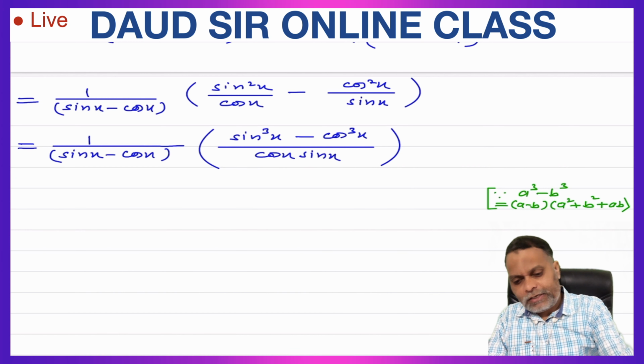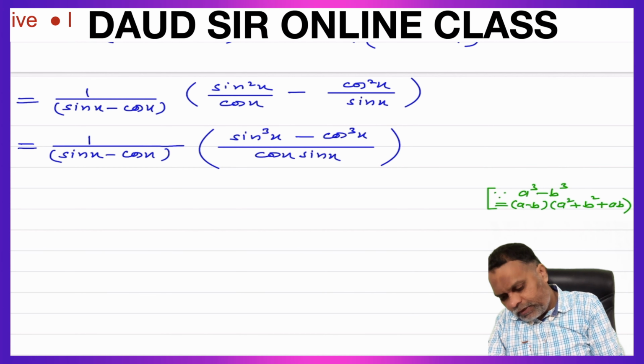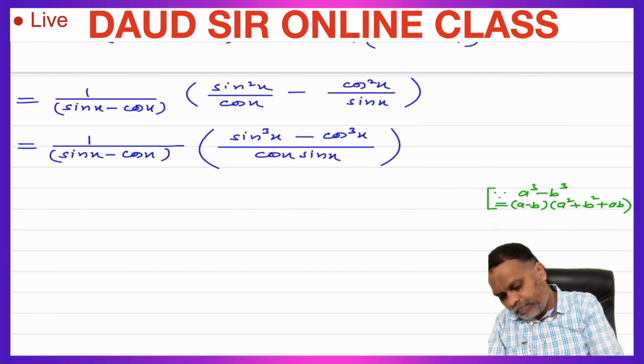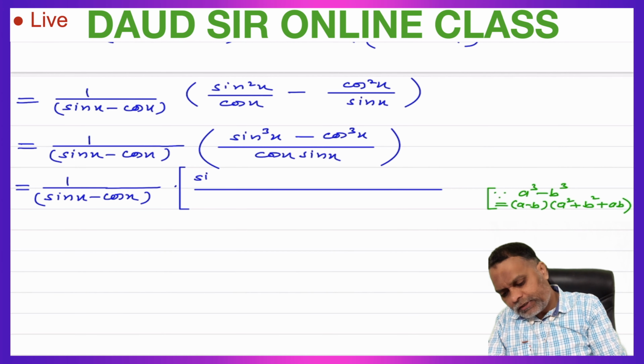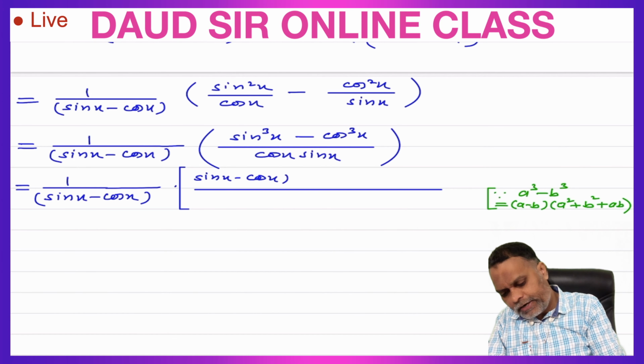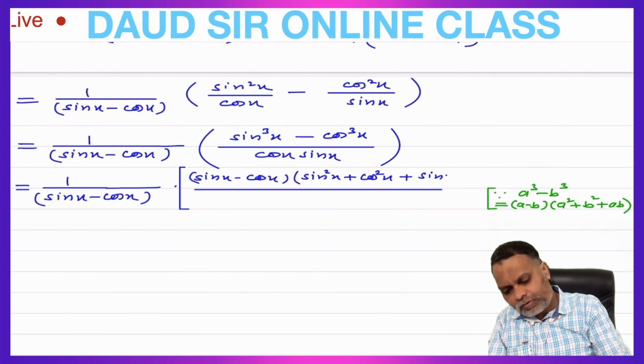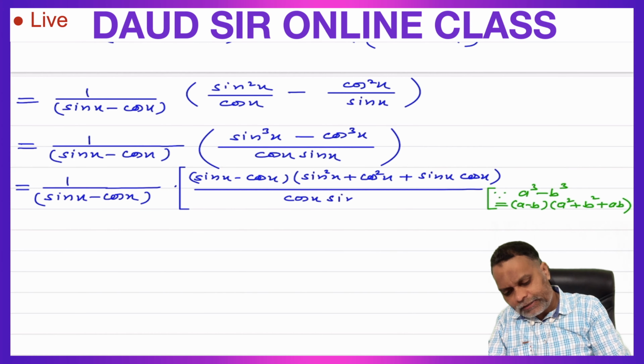This identity we can apply here, which is equal to 1 upon sin x minus cos x, in numerator sin x minus cos x into sin square x plus cos square x plus ab. Ab means sin x into cos x, upon cos x into sin x.